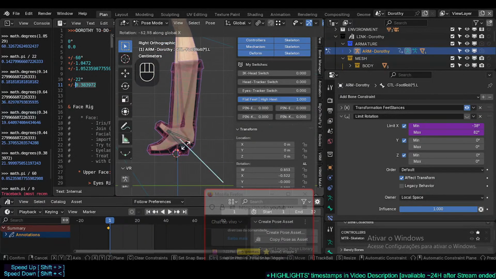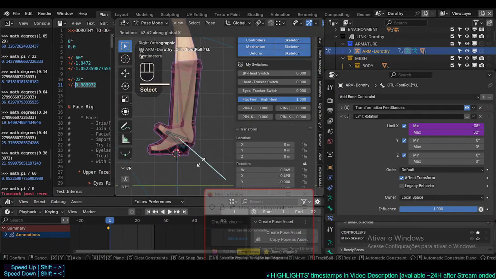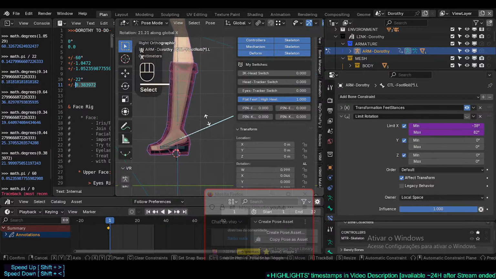All right, so this is the secret. It was being locked because of this one. So the heel doesn't need to change because it corresponds to the alignment of the foot. Okay, interesting.